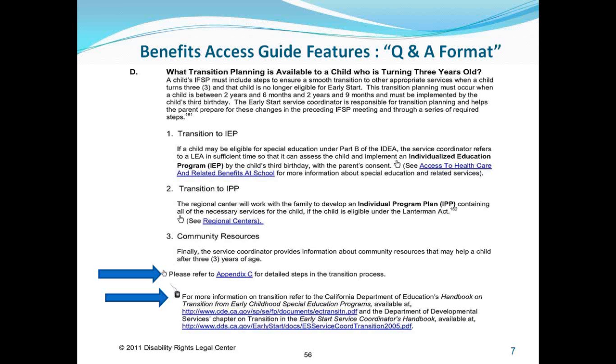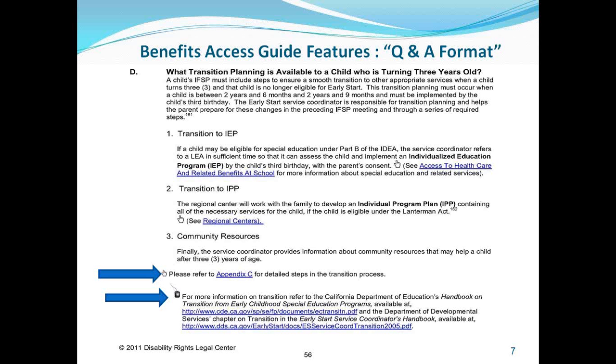This chapter is in a question and answer format, allowing you to select information responsive to your questions. Within the text, there are links to other chapters and resources so you can continue to build on the information that you are finding.